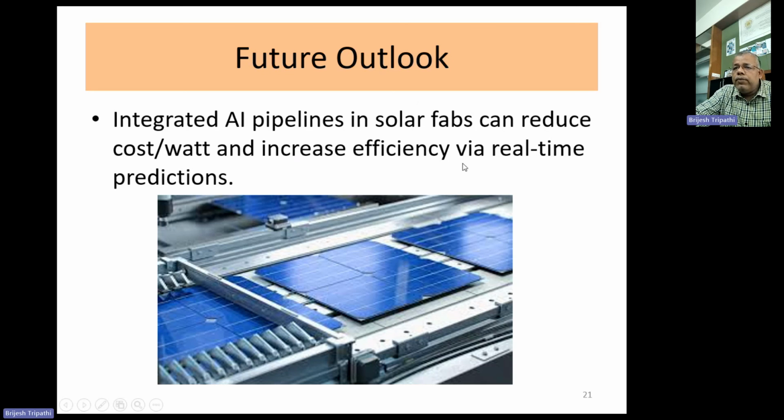In future we can say that if we are integrating AI pipelines in solar fabrication factories, we can reduce the cost per watt and increase the efficiency by real-time predictions of the parameters.